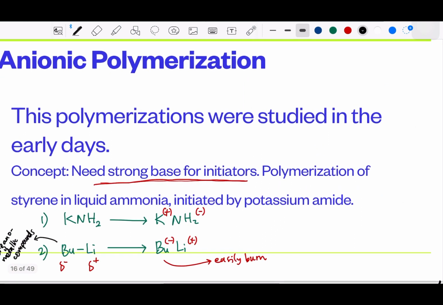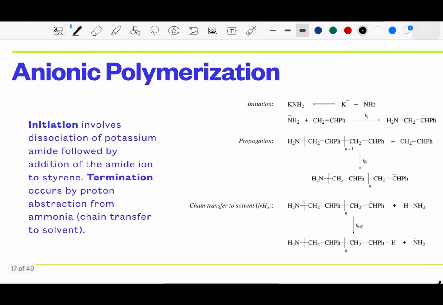Okay, let's see the potassium amides first. So for the initiation, we separate the ions, positive and negative, and then we use the amide with negative charge. We take that as our initiator, and this will be the monomer. If you see the double bond, as usual, it's going to be polymerized.